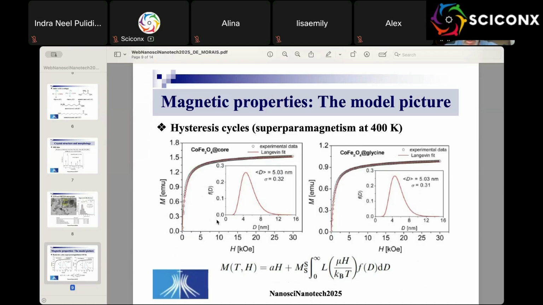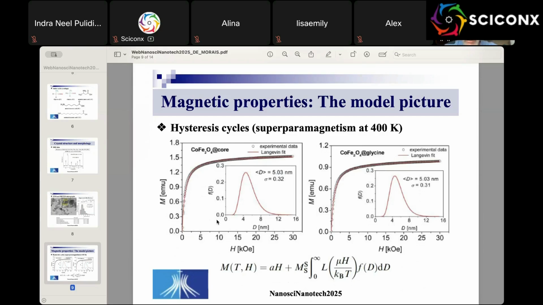Of course, from fitting the 400K magnetization data, you can extract the mean size and the size dispersity, which is included in the legend of both insets on the left and right-hand side plots.